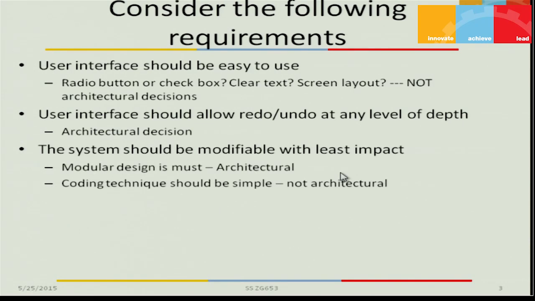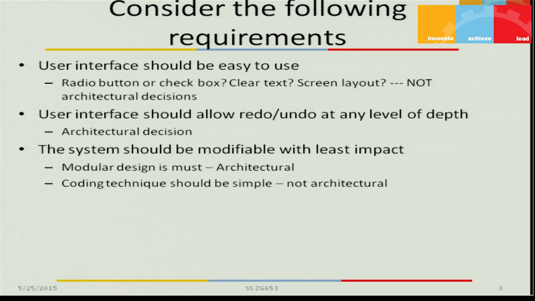The system should be modifiable with least impact. You can actually interpret that in two different ways. One is, in order to make it modifiable, you could think about modular design. That becomes architectural decision, and that impacts the architecture. But coding technique must be simple. That's also a way by which the modifiability can be impacted.